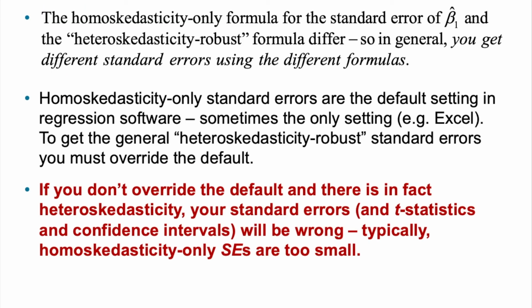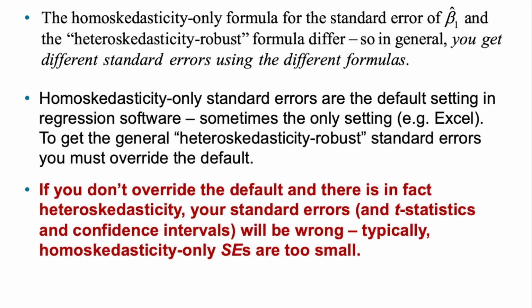Let's think about some practical implications. The homoskedasticity only formula for the standard error of beta 1 hat and the heteroskedasticity robust formula differ. So in general, you're going to get different standard errors using different formulas. Okay. The homoskedasticity only standard errors are the default setting in regression software like Stata.